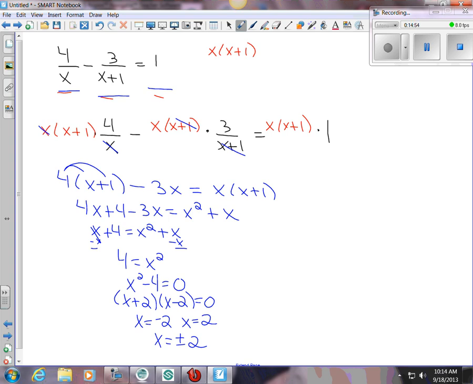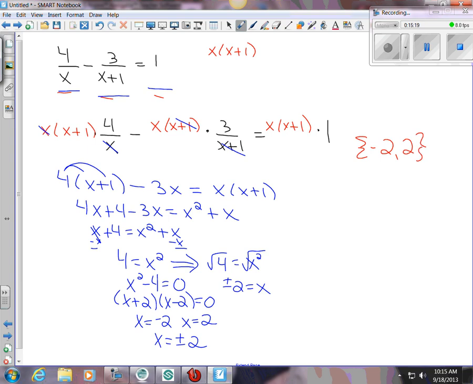Either way, you can do it using square roots, or you can do it by factoring. All right, so what are you going to make sure you do? Okay, good. They do both check, so our solution is -2, +2.